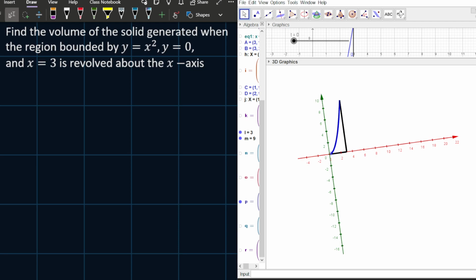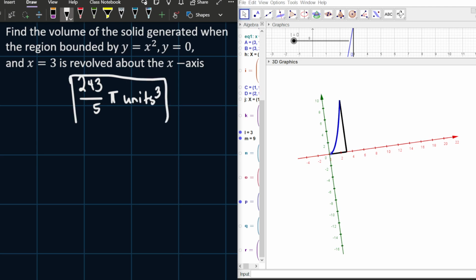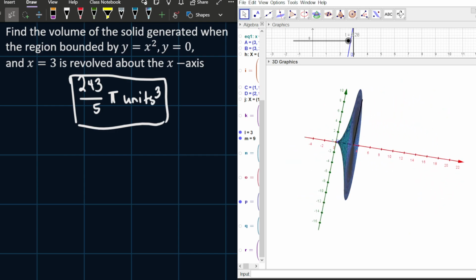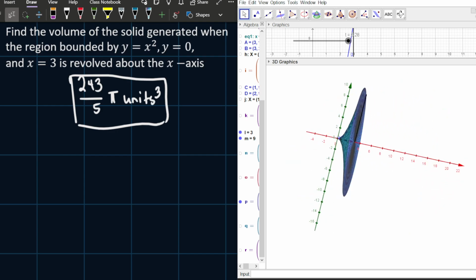So in the previous video, ang nakuha nating sagot was 243 over 5 pi cubic units. So let's keep this in mind when we solve this item using cylindrical shells. Okay, the region again would look like this. Ito yung hahanapan natin ng volume.